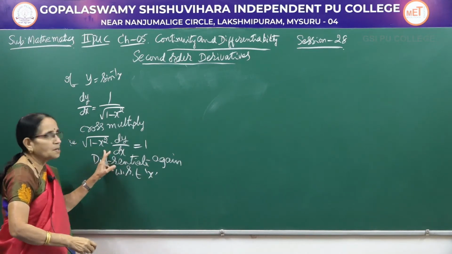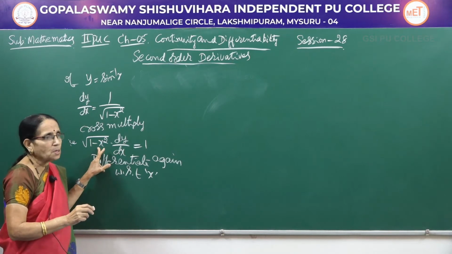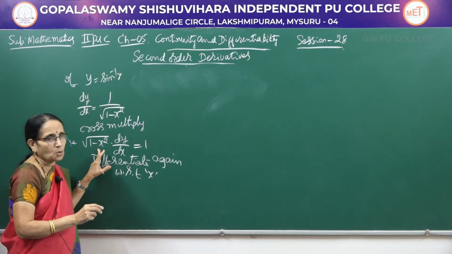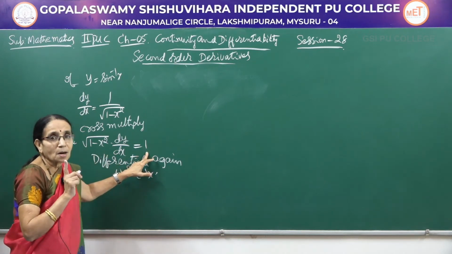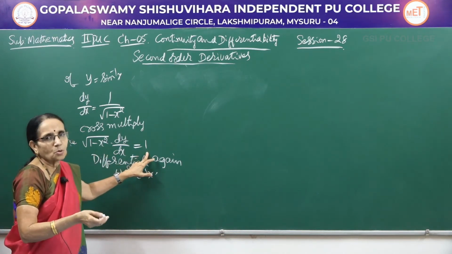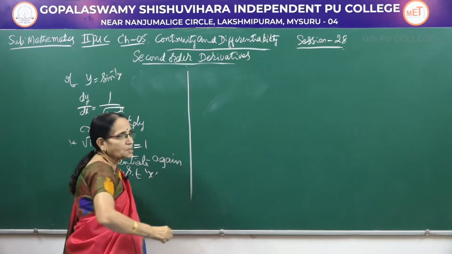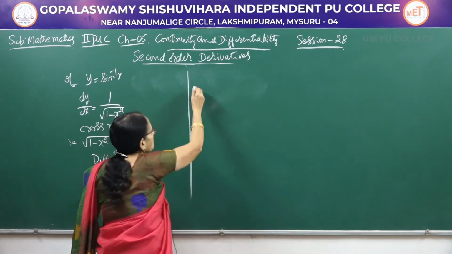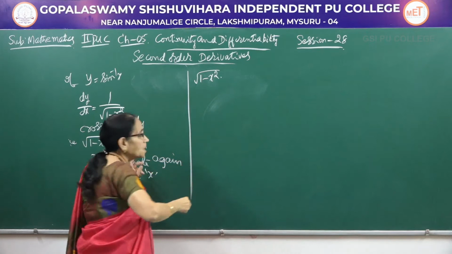Look here, left hand side we are having a product, and this is a composite function. So, when you differentiate, you have to apply the chain rule. So, product rule and chain rule. Right hand side you observe we have a constant 1. So, as soon as you do the differentiation, it becomes 0. So, for the left hand side, let me apply the product rule. First function, root 1 minus x square into dy by dx.